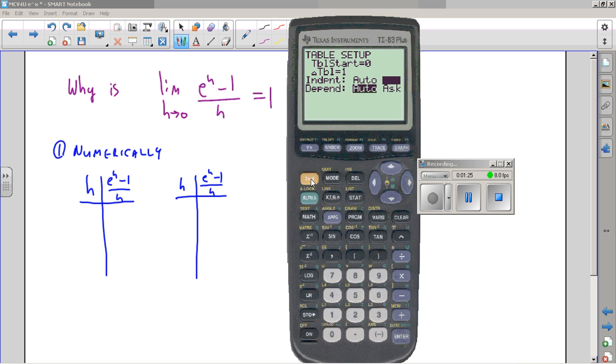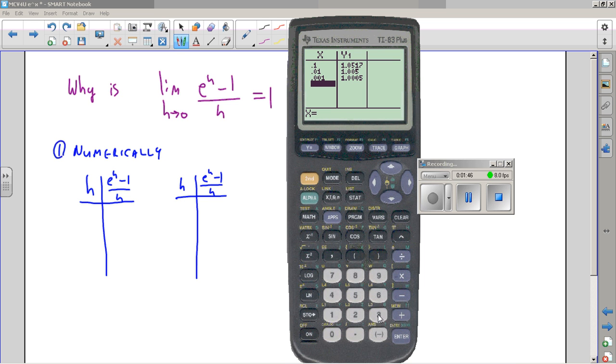And this is cool because I can put in whatever I want. So for instance, if I wanted it to be close to 0 and closer to 0 and closer to 0, I can do that very quickly. It's much, much quicker than pounding some values into your scientific calculator.